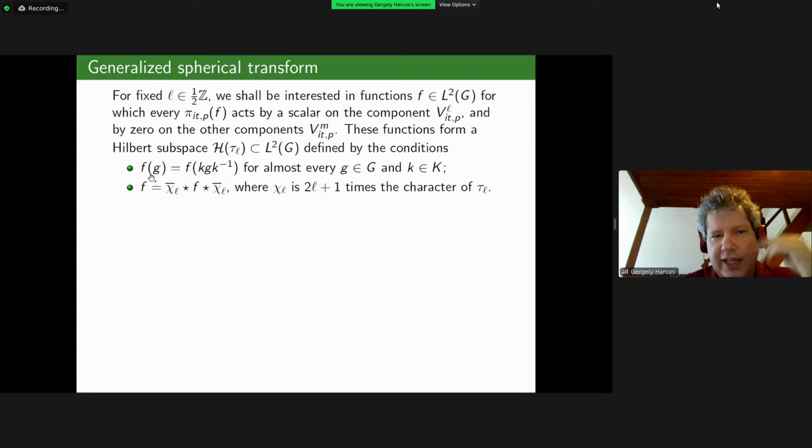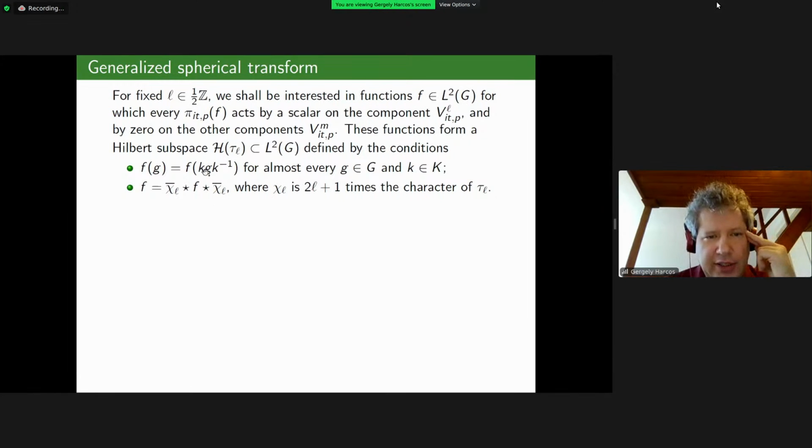So the function should be K-central, so it commutes with the action of K. And also, if you look at 2l+1 times the character of tau_l, convolution over K by the conjugate of that character corresponds to projection on the lth K-type. f should be invariant with respect to left and right convolution.